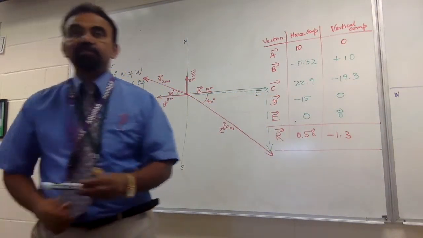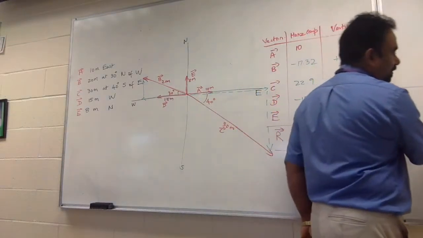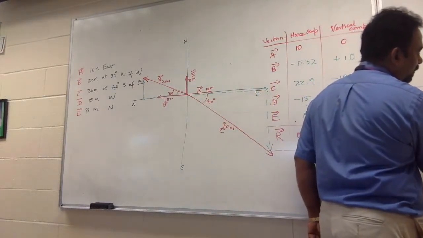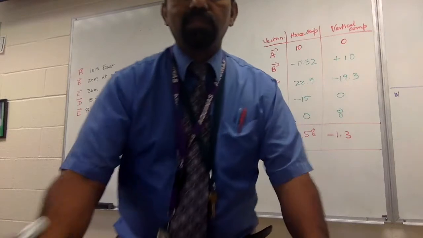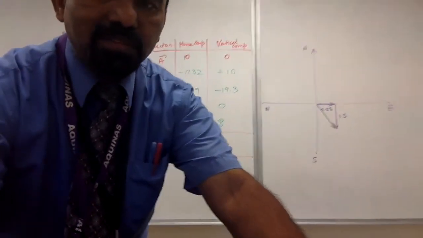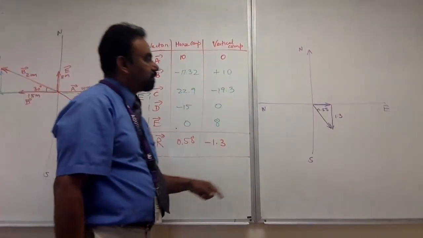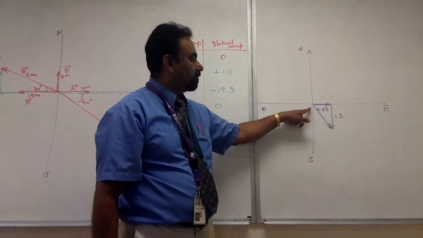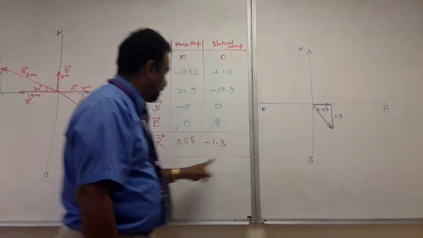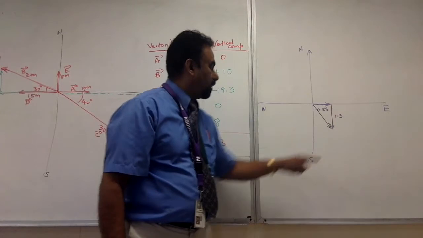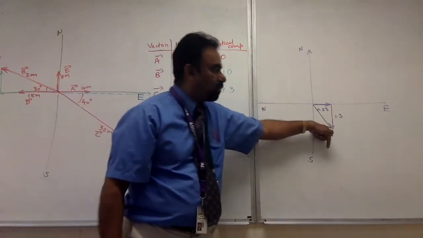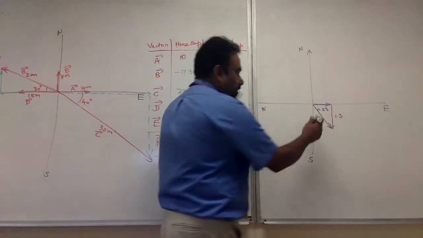Where is the resultant? That is your resultant right there. So we have the x component marked over here, the y component goes down 1.3, and that is your resultant.